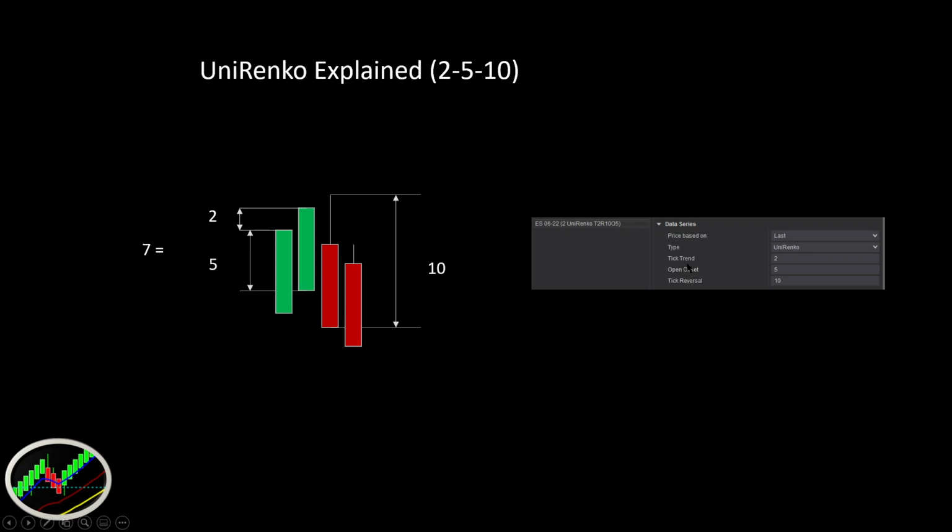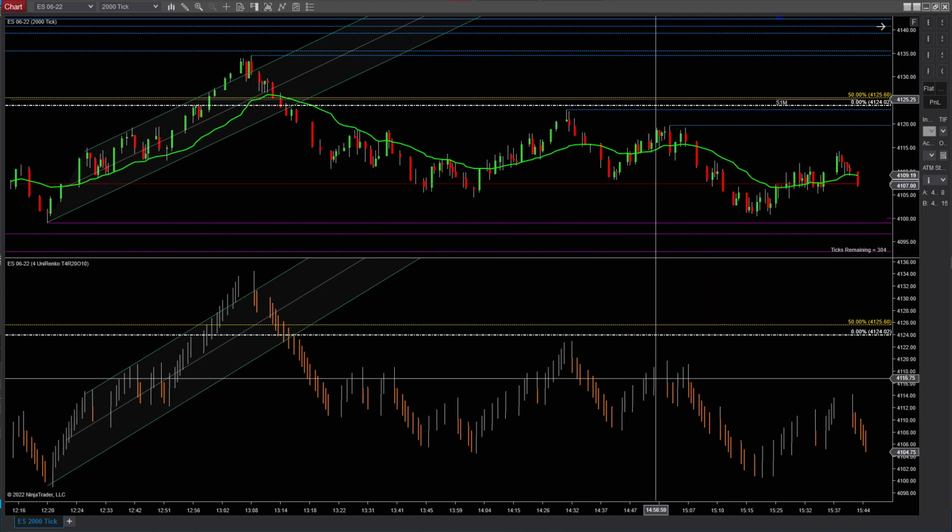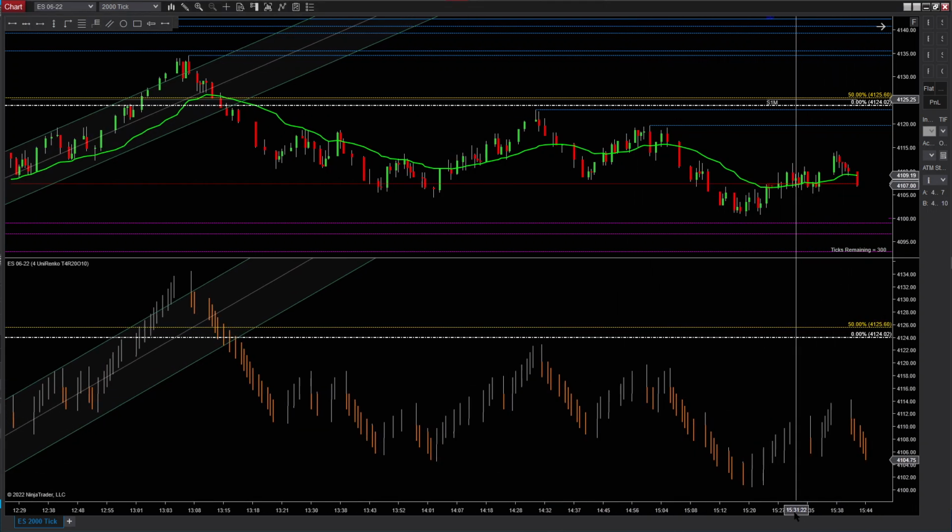So you have a tick trend of 2. Every time you have 2 ticks moving up, it's going to paint a new bar with the lower part of that bar at 5, and then if it's going to reverse, it's going to take 10 ticks to reverse. So yeah, that is the Renko chart, right? I think I have explained it a couple of times already in different videos.